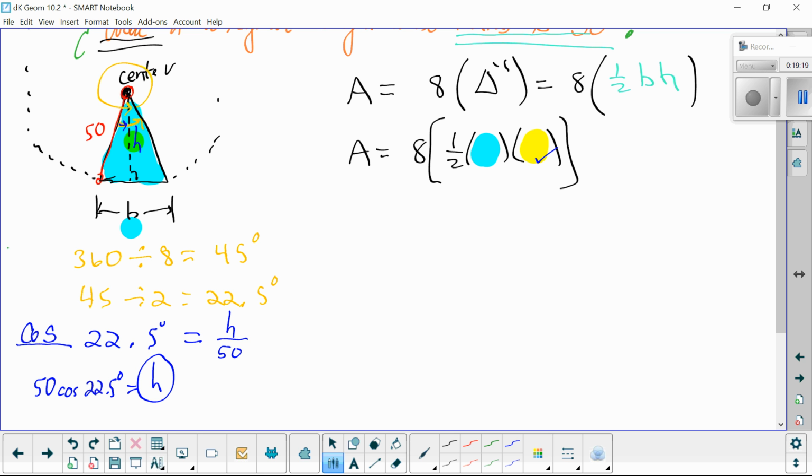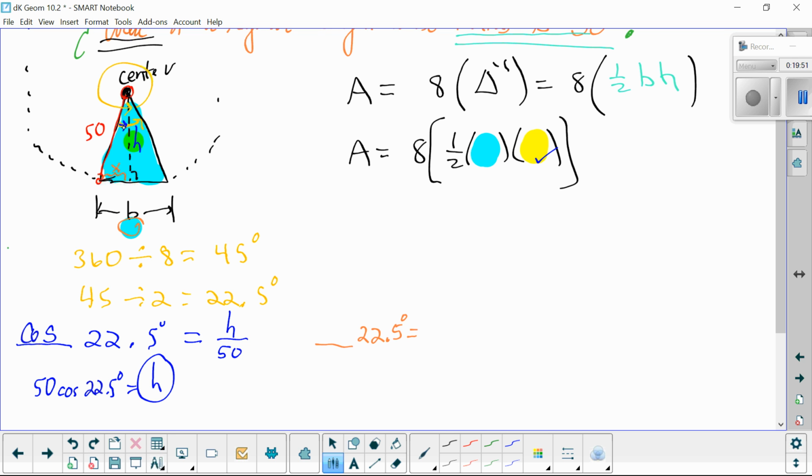Now we need to know what the base is equal to. All right, well, for that, we're going to have to find out this side. Now, that side is only half of the base. So once we find it, you can say b over 2, or we can just call this x if you prefer. Once we find that, we're going to have to double it to get the actual base of our blue triangle. So at 22.5 degrees, sine, cosine, or tangent of 22.5 degrees.